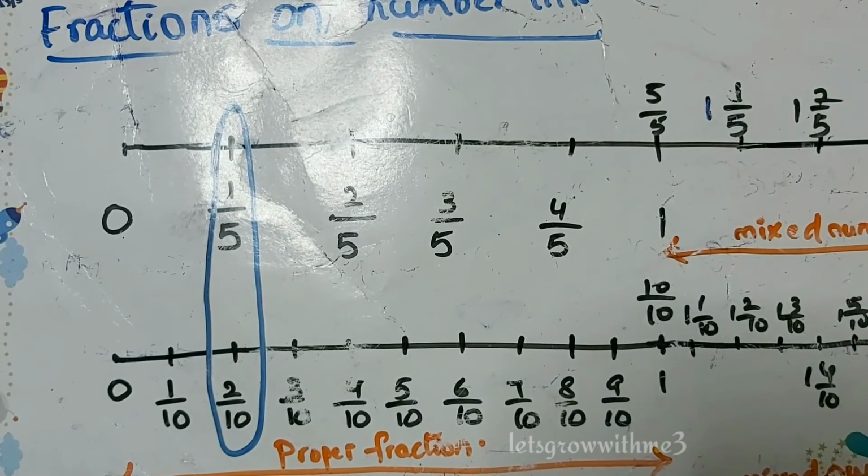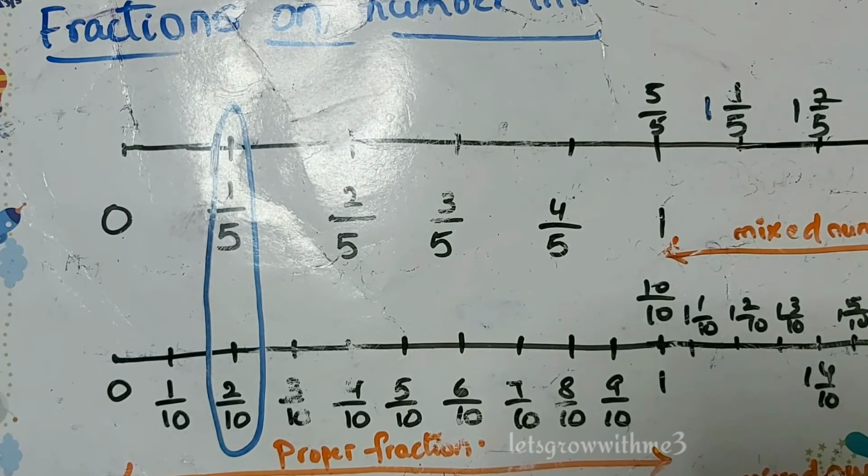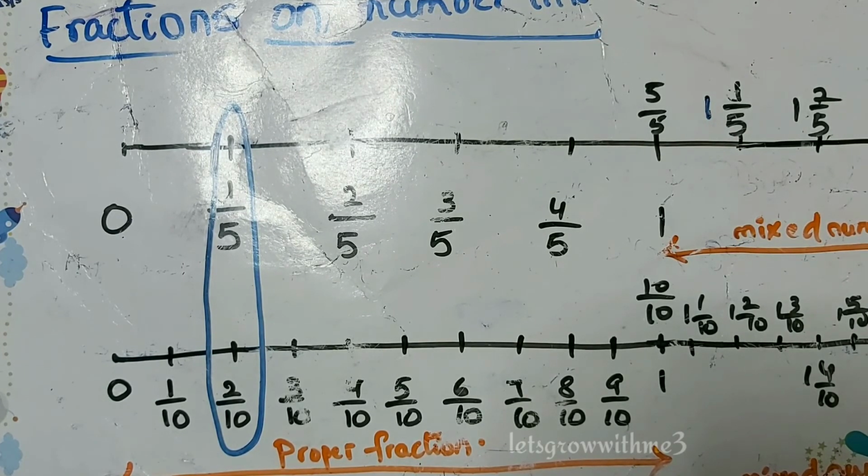So we can represent equivalent fractions also on the number line. That's how we can represent all the fractions on the number line. So we have to write it as numerator over denominator. Numerator is parts of the whole and denominator is the whole, meaning the total number of parts which makes the whole.